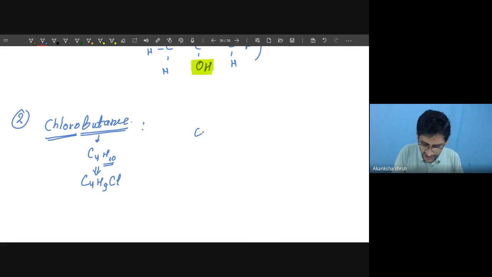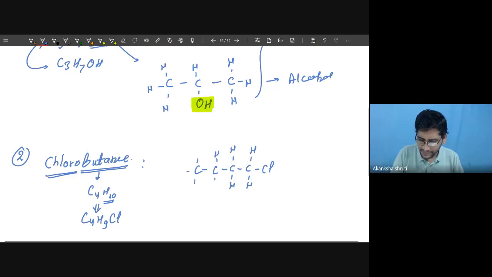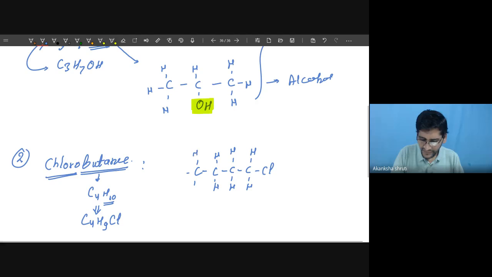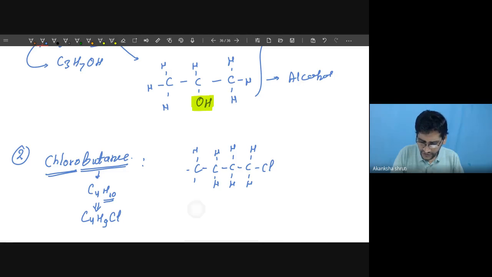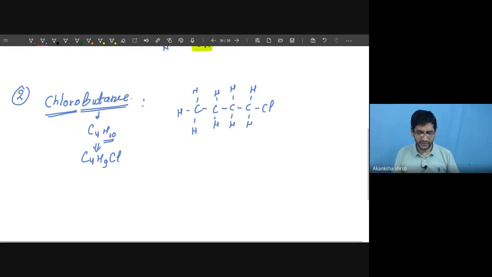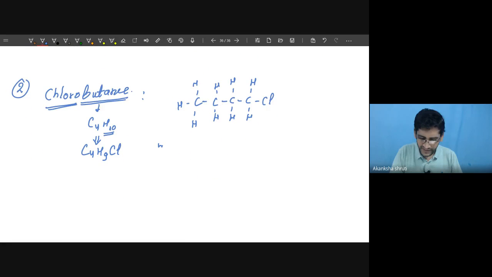The structure you may draw with 4 carbons. Everywhere you have to fill the tetravalency, and at one place you can put the chlorine. Now you are also free to put the chlorine at other places, and by that you may also get isomers. Carbon, carbon, carbon, carbon, the 4 carbons.